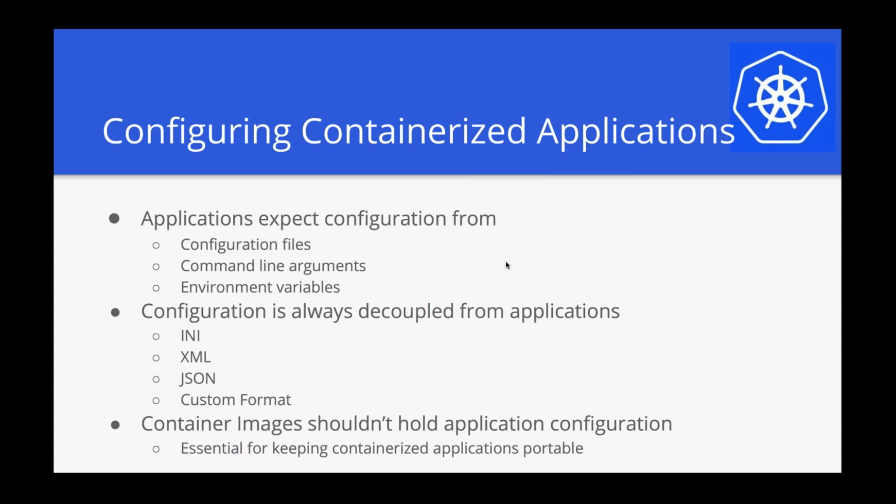And more recently, JSON files started holding that kind of configuration. Now with distributed applications, we are typically storing that kind of configuration in a distributed key value store like Consul or etcd. But the key thing to understand is configuration should always be kept separate from applications.